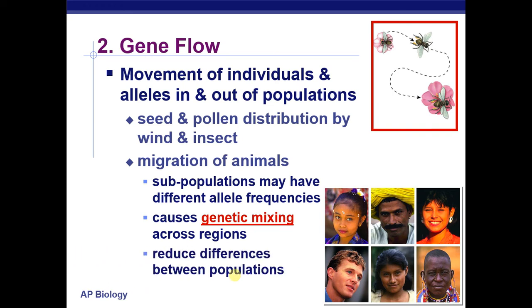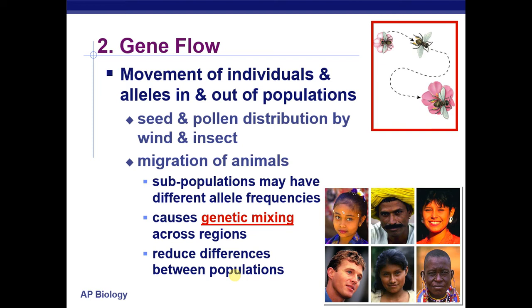And when we're looking at animals specifically, think about how air travel has radically changed how the human population has changed over time. We might be able to create subpopulations or cause genetic mixing across regions as people have families that are more and more diverse than they ever have been.